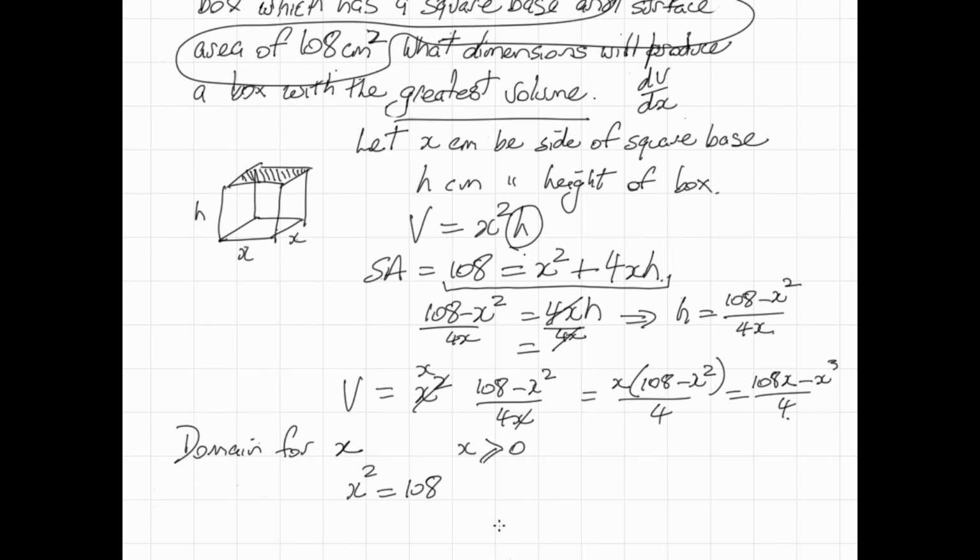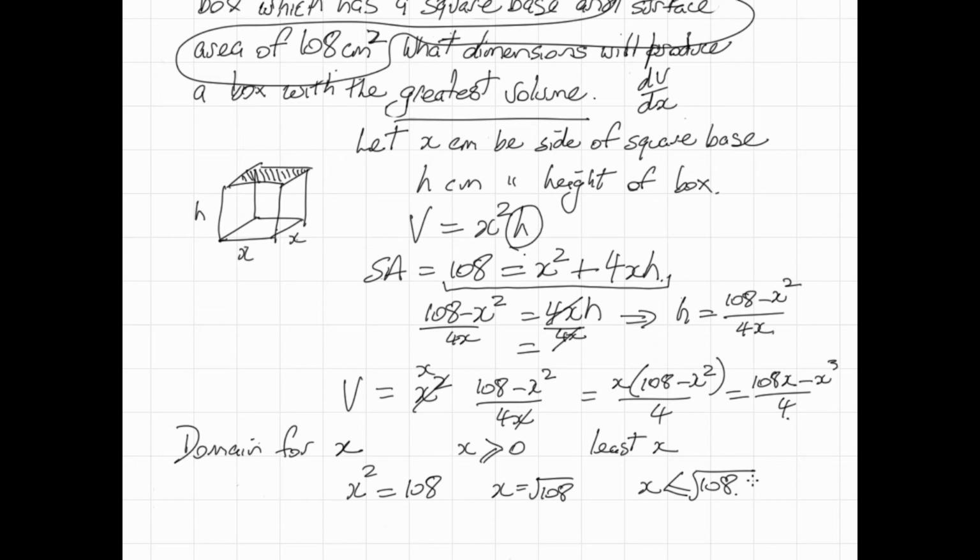So you've got x squared is equal to 108, and so therefore x has got the greatest value. So this is least, and this will be the greatest. So x squared, x equals square root of 108. So therefore x has got to be less than or equal to the square root of 108.